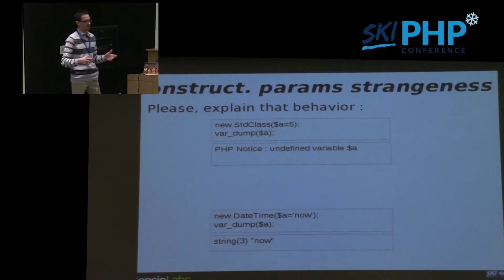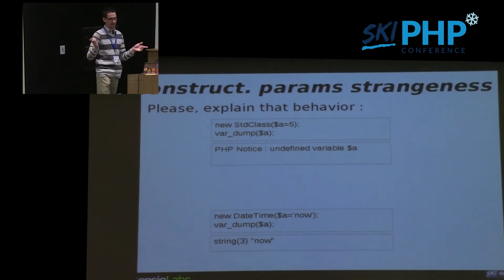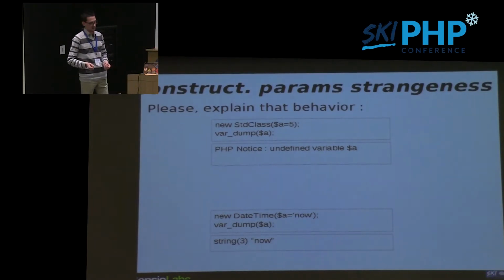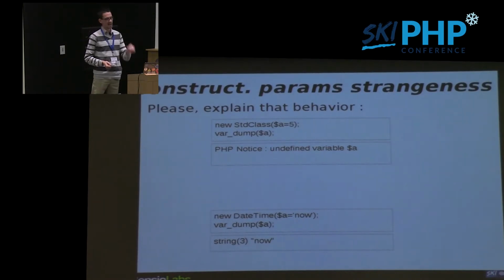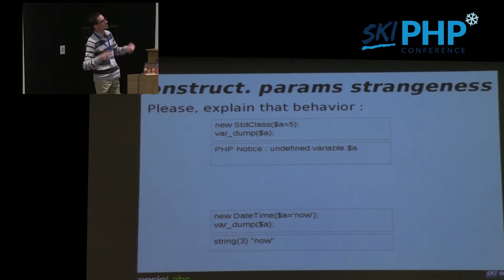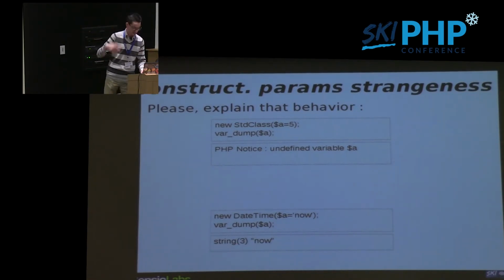This is quite complicated, but DateTime has a constructor, okay? It accepts arguments, so the compiler will effectively execute $a equals now first, then the result will be given to the constructor of DateTime. This is quite tricky, but this is a gotcha. It's PHP. This is written in the source code.